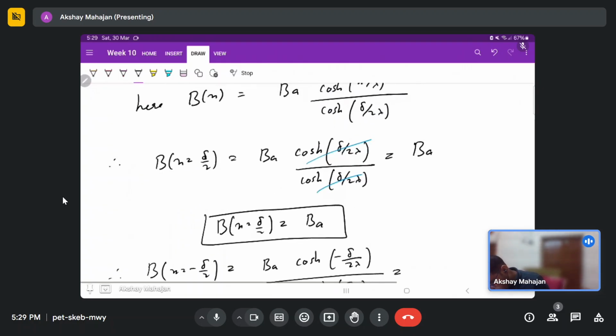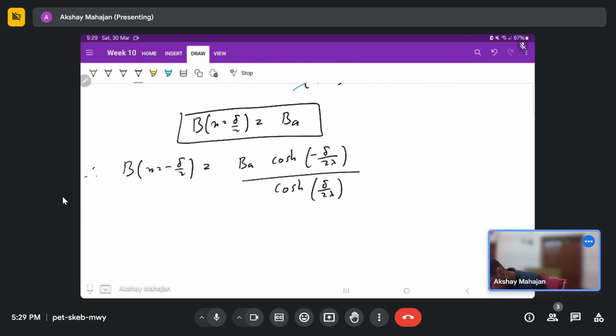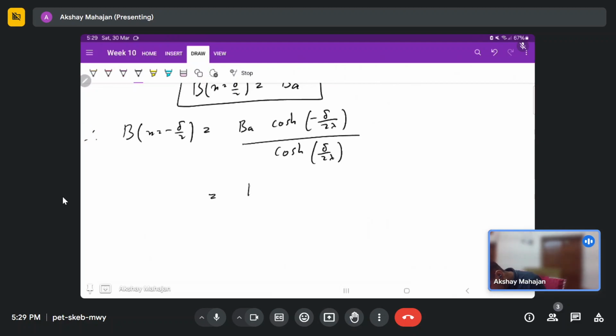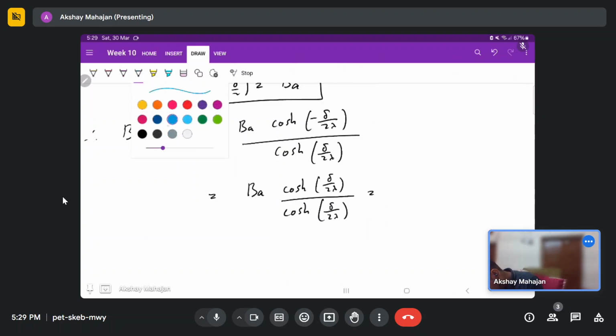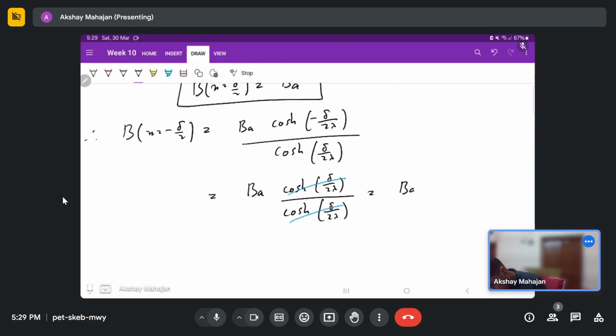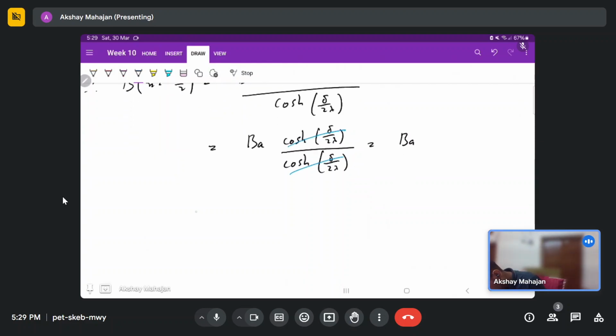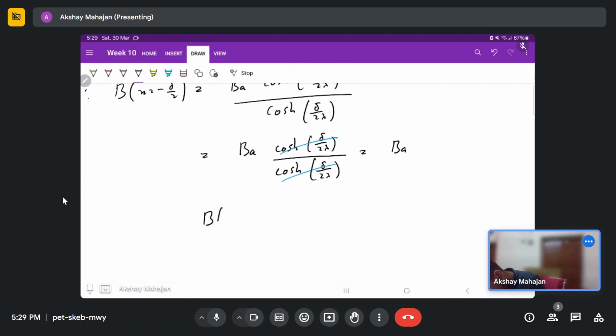So what we will get is Ba times cosh(δ/2λ) divided by cosh(δ/2λ). Then it cancels out, so what we get is Ba. So here also we get B at x equals minus δ/2 is equal to Ba. So it satisfies our boundary condition.